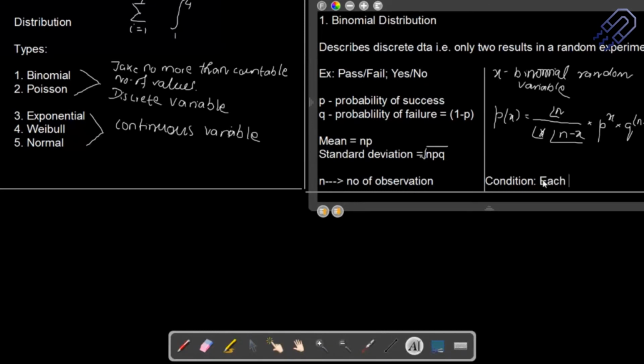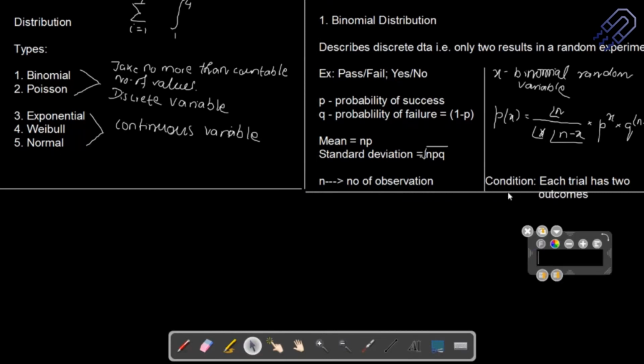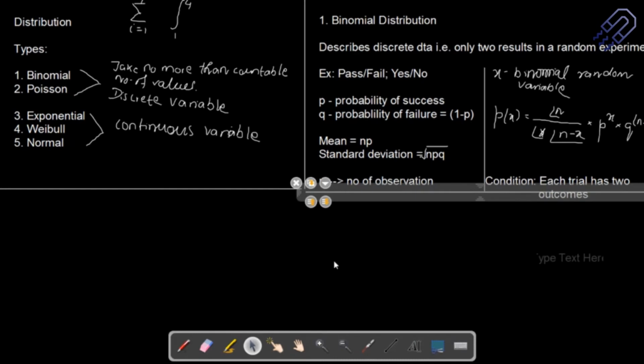Whenever you're looking into a problem, you just need to look into this as two outcomes. If it has got two outcomes, the chances are that we are actually going to talk about binomial distribution. So please make sure you check that.